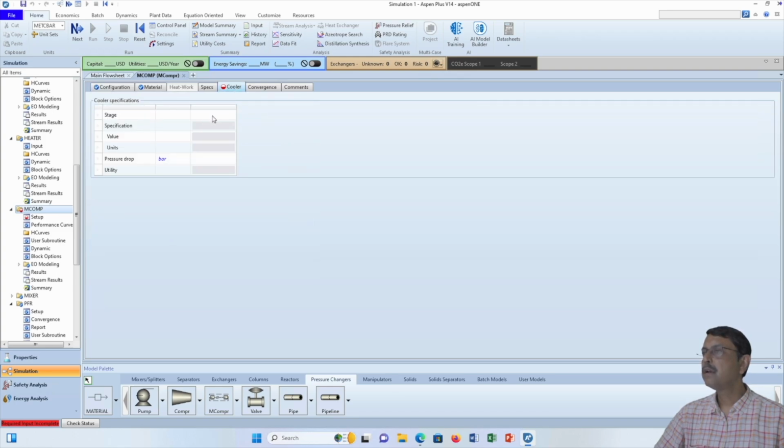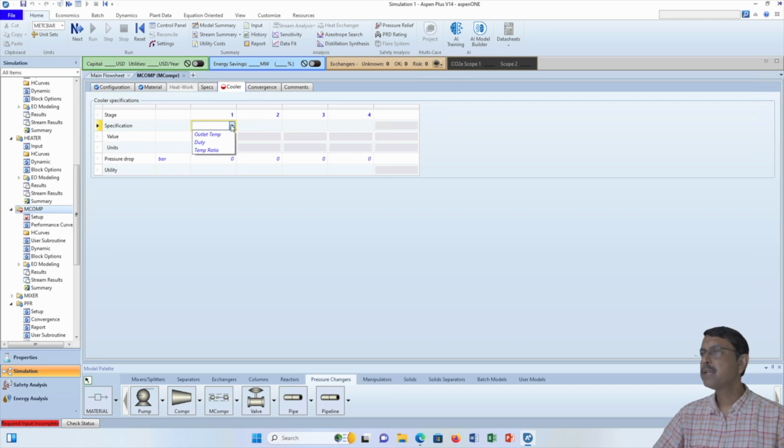So we will go to the cooler. Here we have stage 1, stage 2, stage 3, and stage 4. Okay.